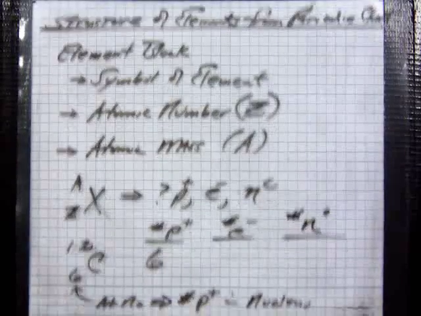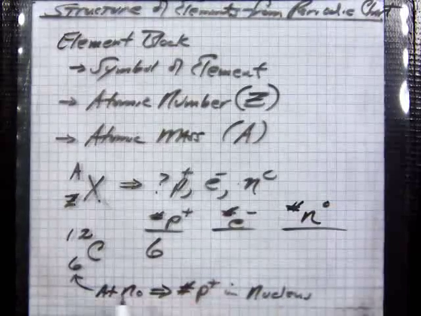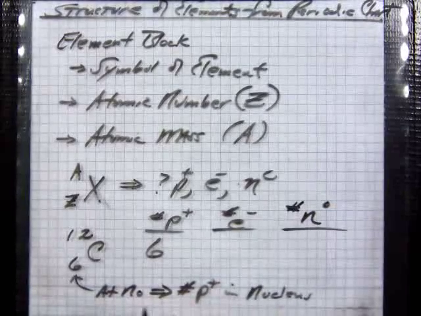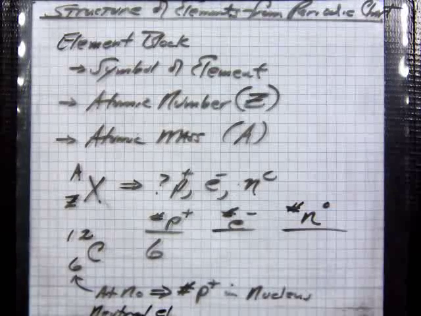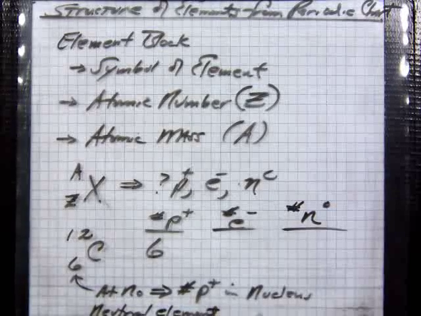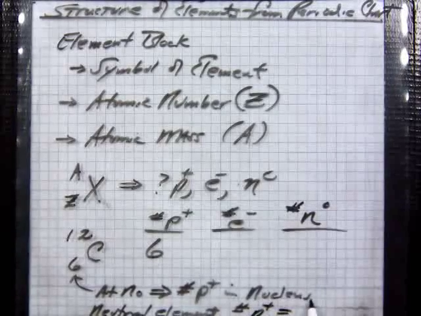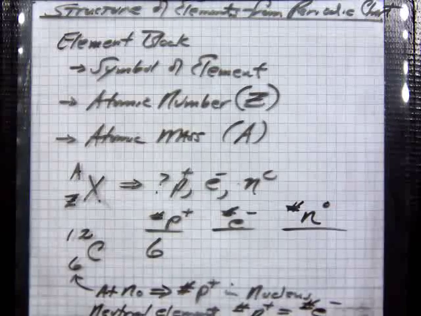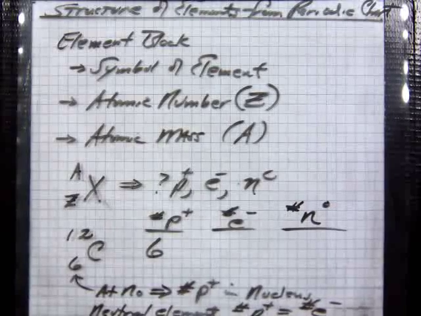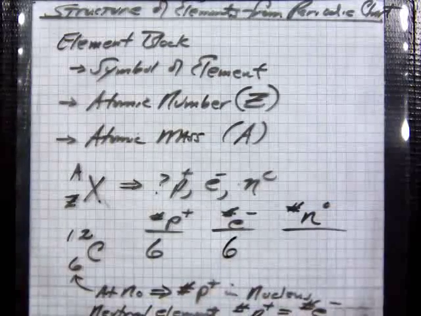Now, for a neutral element, the number of protons equals the number of electrons, because it has no charge. You have the same number of negatives as positives, so it cancels out to 0. So we can put a 6 right there.